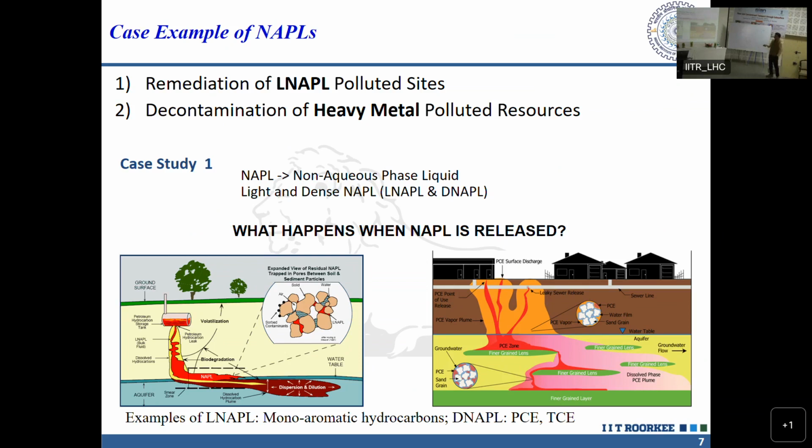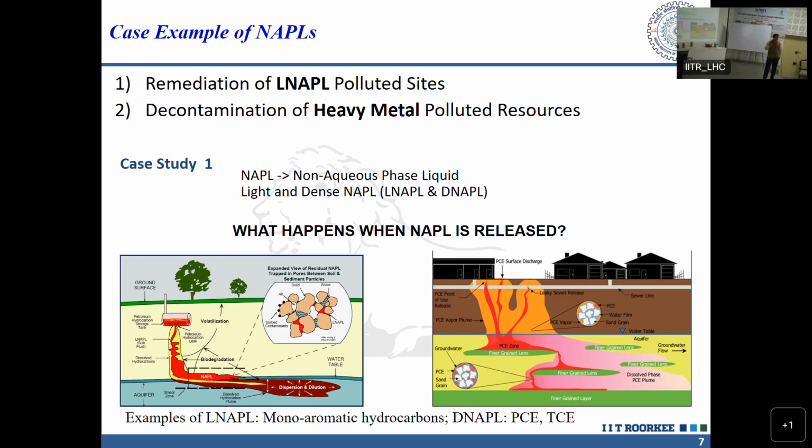Initially, these storage tanks are made free from leaks, but later on, with progression of time, by degradation of the material the tank is made of, or maybe by some technology, sometimes we take it, sometimes we don't, there is some sort of leakage which takes place.